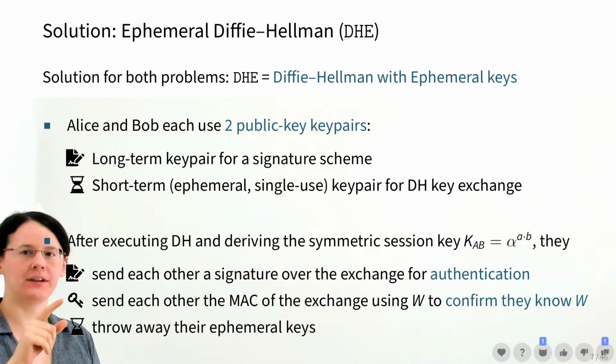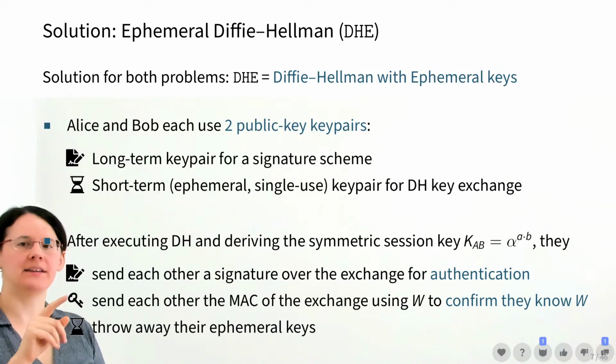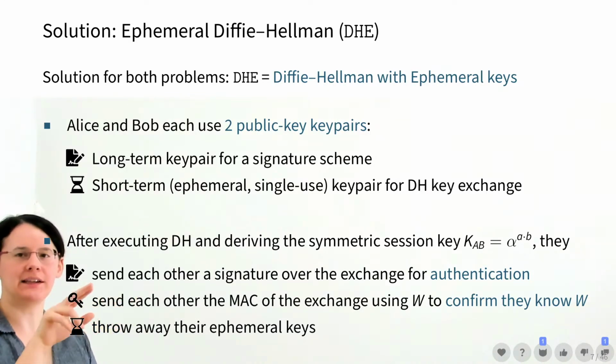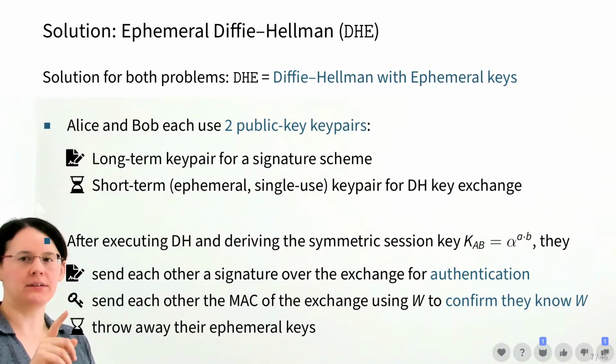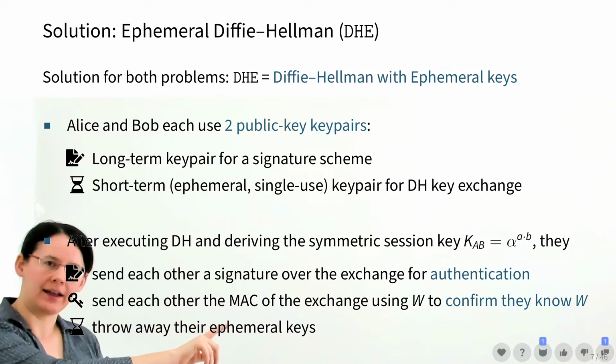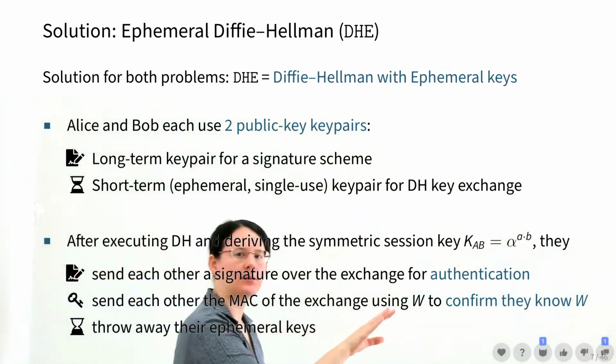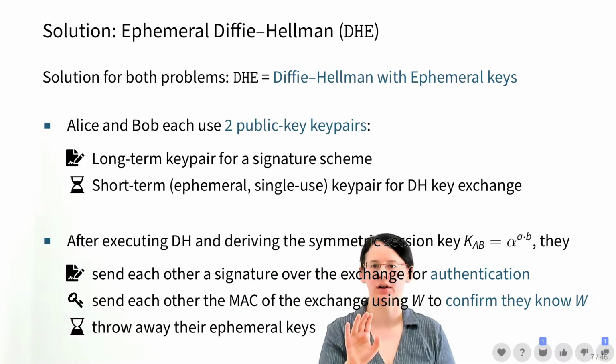There's an additional point here in the middle, and that is that in addition to just using the signatures, we also do one additional confirmation step. Namely, at the end of Diffie-Hellman, the people actually immediately use the established session key, which we call W here.